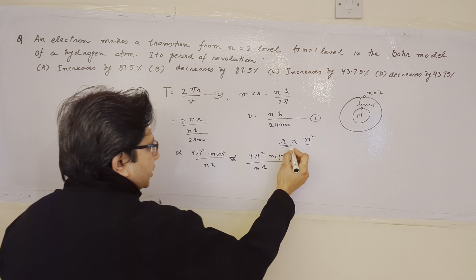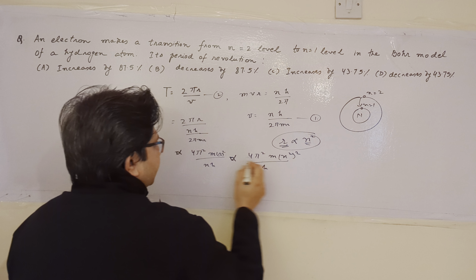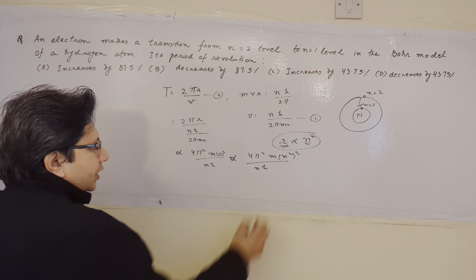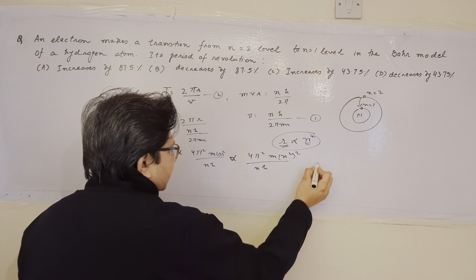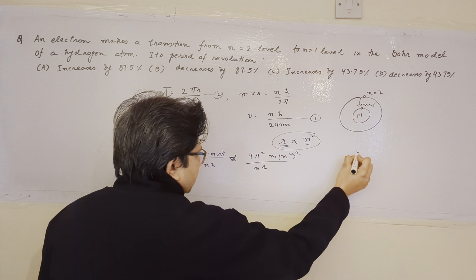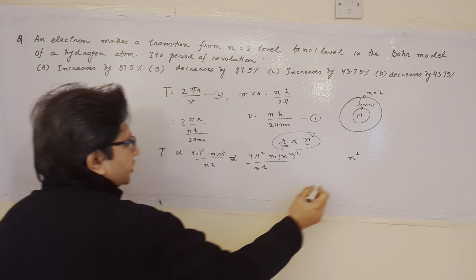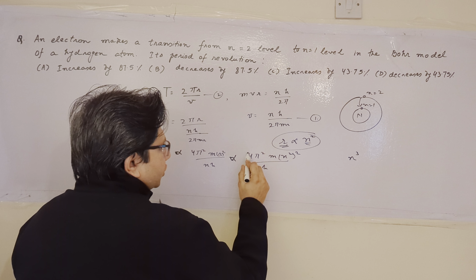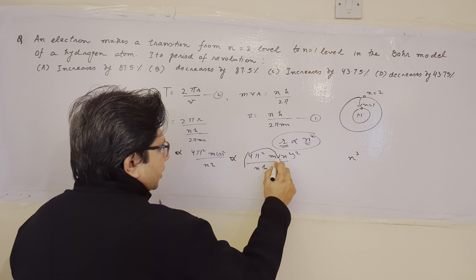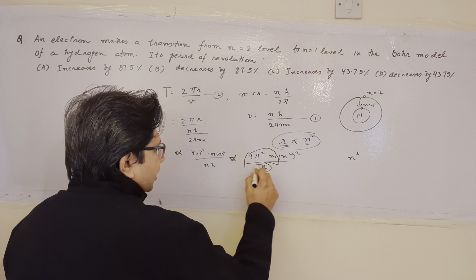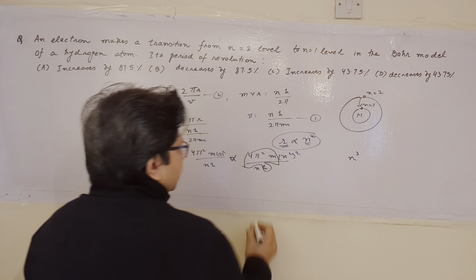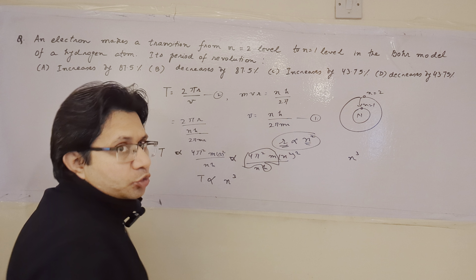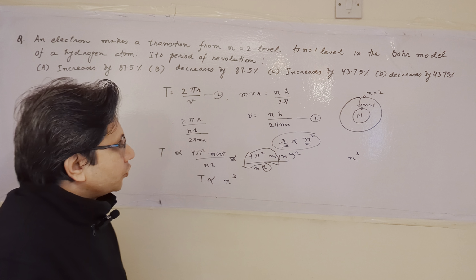Now r is directly proportional to n square, so its square becomes n to the power 4, and n to the power 4 upon n is basically n cube. So we can say that the time period is directly proportional to n cube, and all the rest of the terms like 4 pi square m and h are basically constant terms. So in this way we can say that the time period of revolution is directly proportional to n cube.